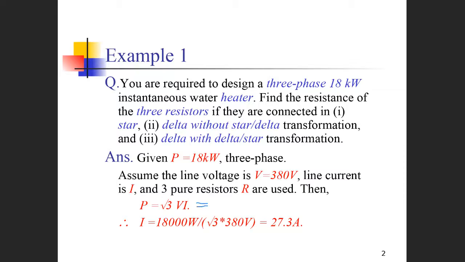This can also be written as 3 times the phase voltage and the phase current.